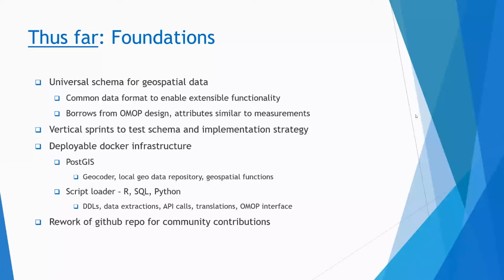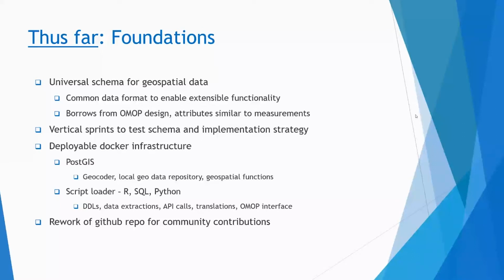One's a PostGIS instance, which you stand up locally at your site to do the geocoding. We're going to store that schema and any sort of geospatial functions you need to use, like points and polygons to show how patients relate to regions, things like that. So that is the entity that you stand up next to your OMOP instance.